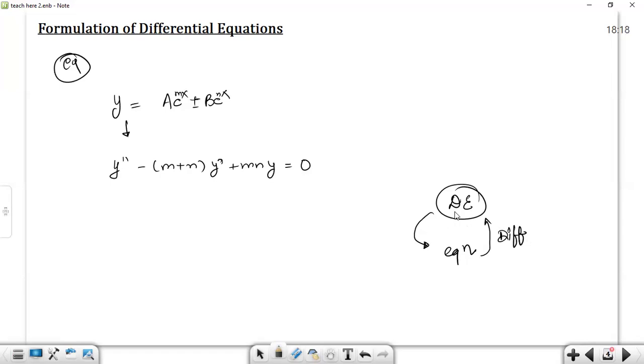Now, in our syllabus, there are first order and first degree differential equations. From these differential equations, we have to make the equation back. So for that, what do we have to do now?